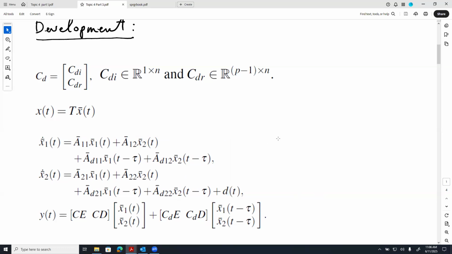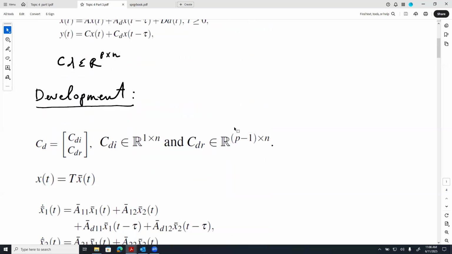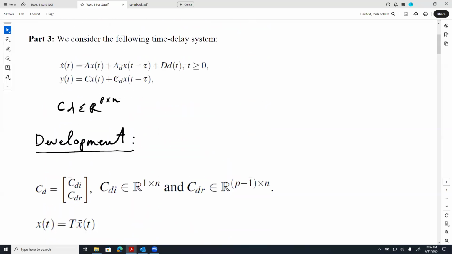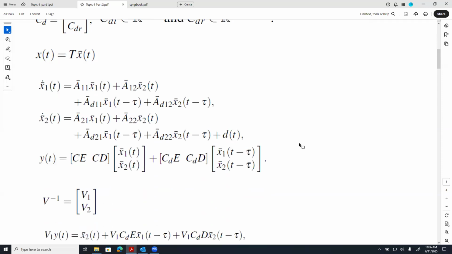Now, the thing about this matrix CD is that its presence in here further complicates the decomposition. So when we apply this transformation matrix T, which is E and D, we get this bit here, which is the well-known part from the previous decomposition.